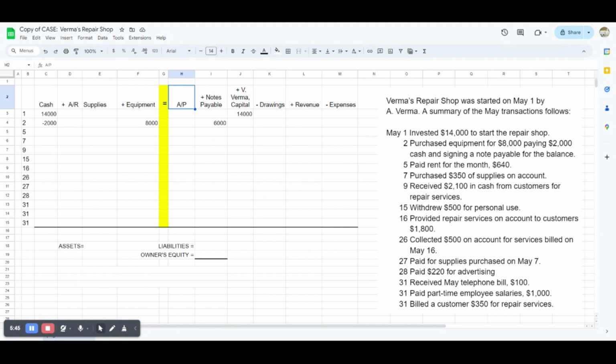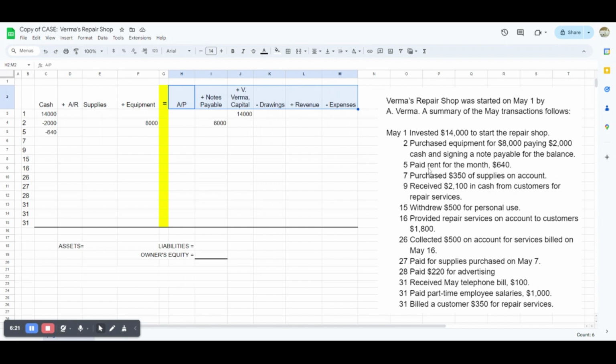Okay. Now, the next transaction on May 5th is paid rent for the month, $640. If you're paying something, the cash is going to go down because you're taking money out, by 640. So I'm going to put negative 640 for cash. And now, one of these accounts also has to go down by negative 640.